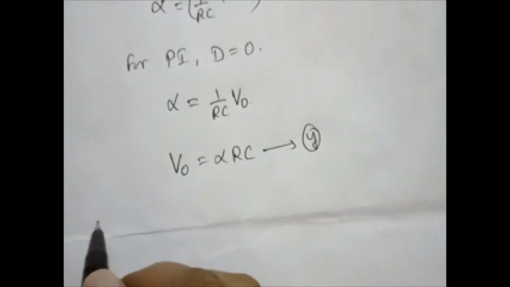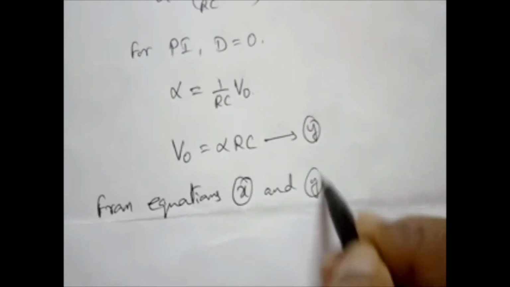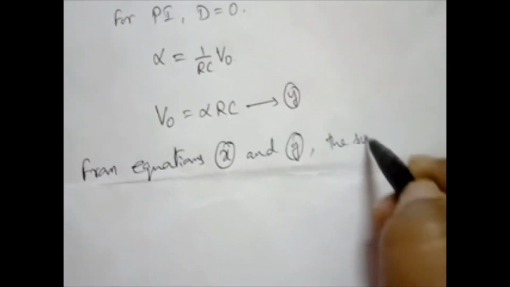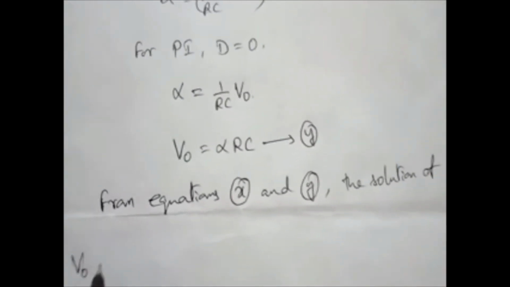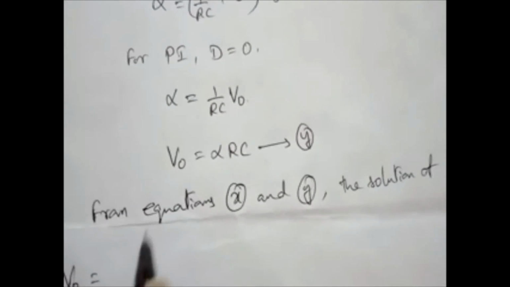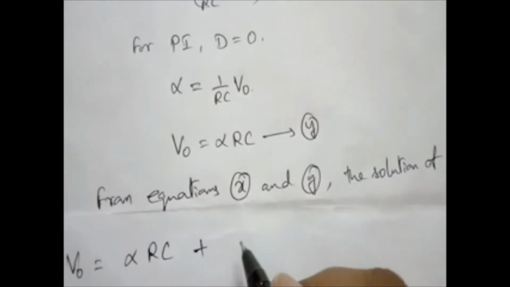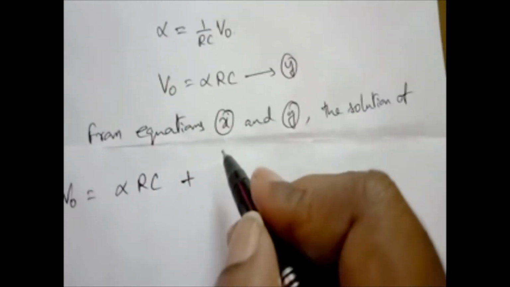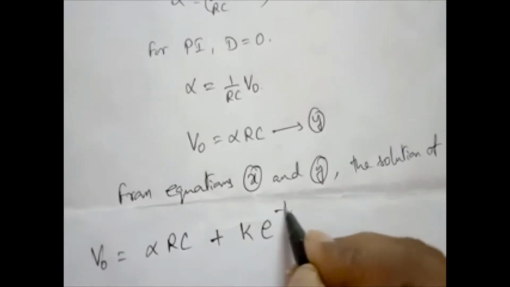Okay, so from equations 4 and 5, the solution of V0 is, what is the solution? Alpha RC plus, for the complementary function, K into e power minus t by RC.